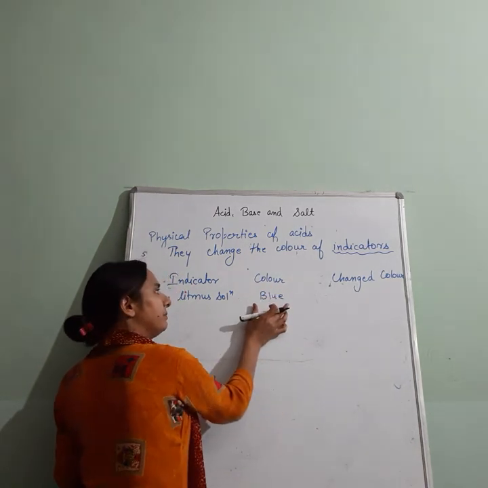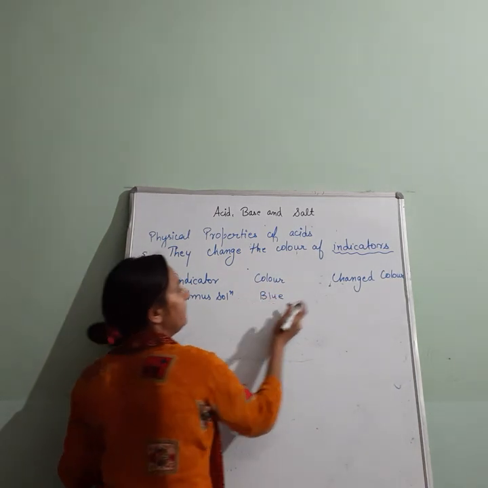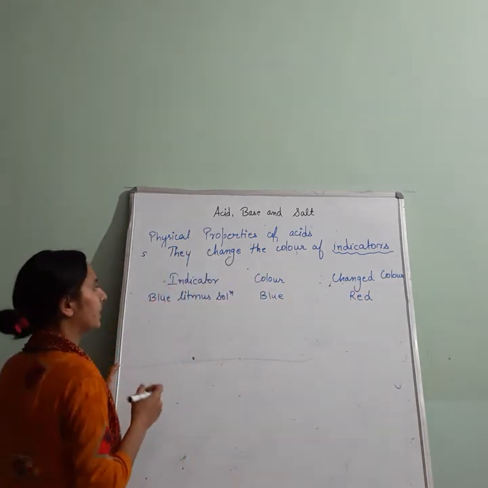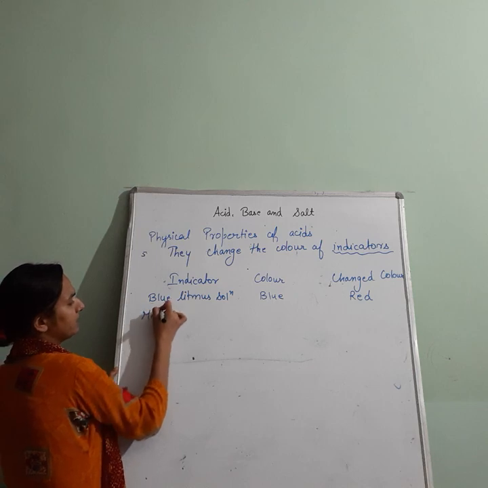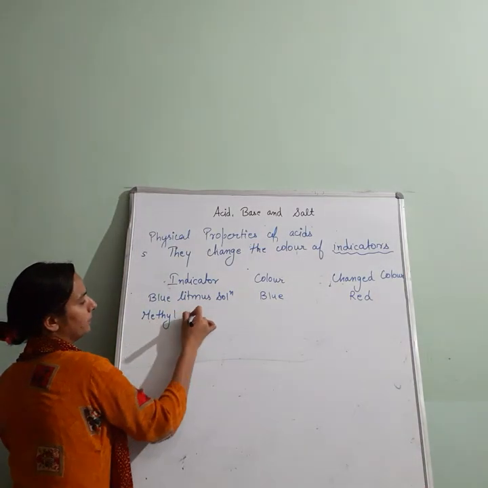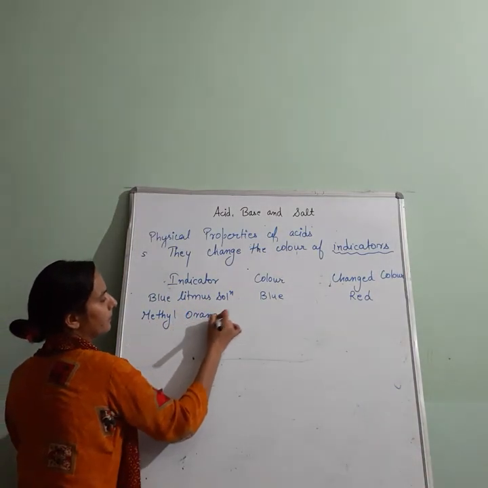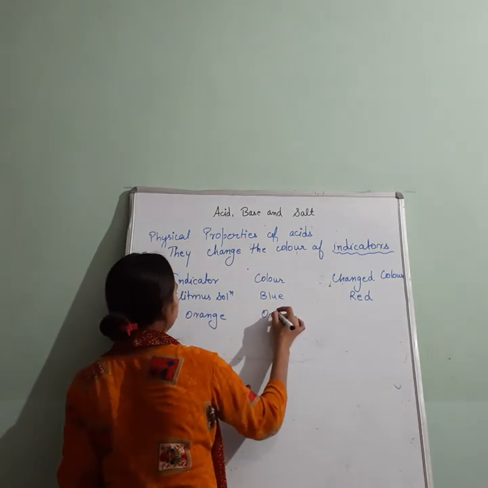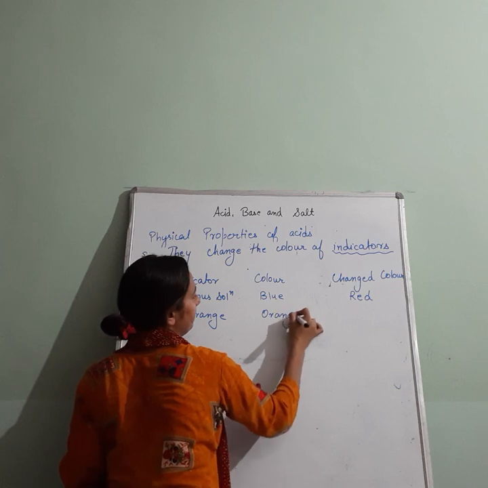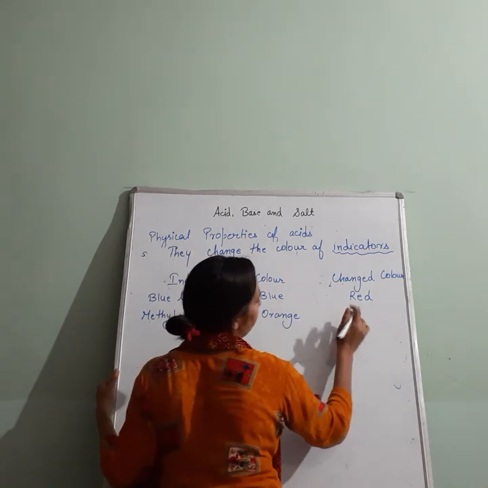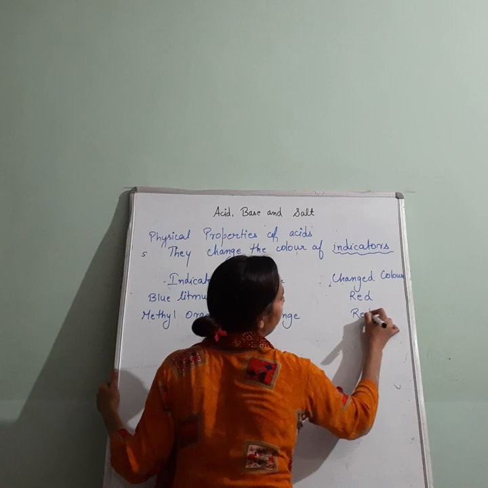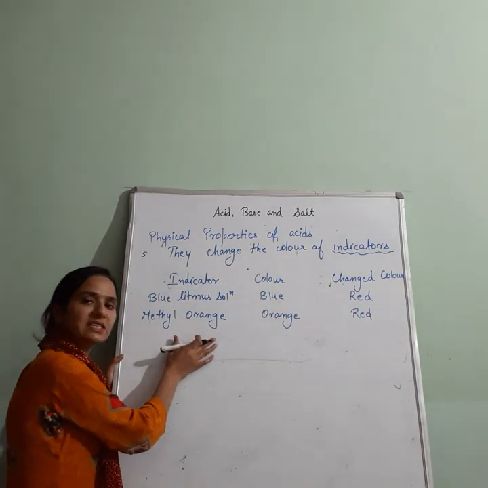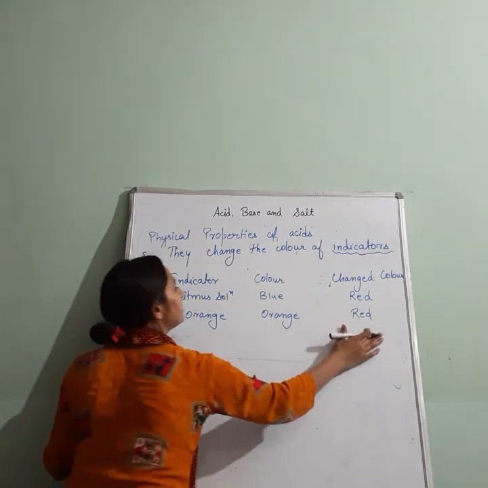When we add some acid to this solution, the blue color changes to red. Methyl orange is an indicator. Its color is orange, and when we add it to an acidic solution, its color changes into red.